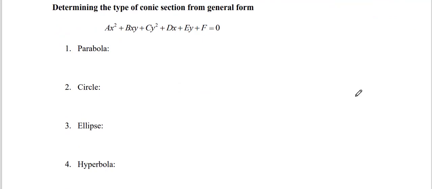The last thing we're going to talk about with conic sections is how to make sure we know when we have which type of conic section. A parabola occurs when either A or C is 0 in this general form.